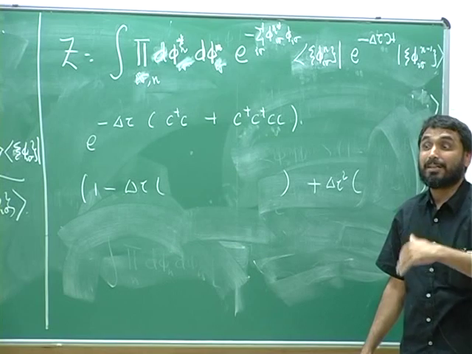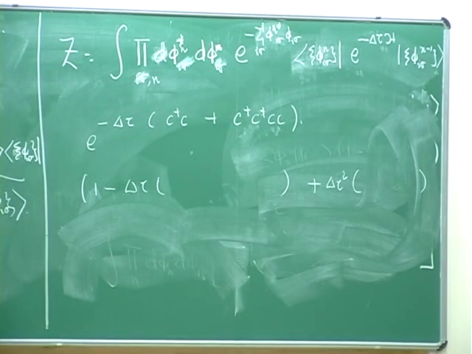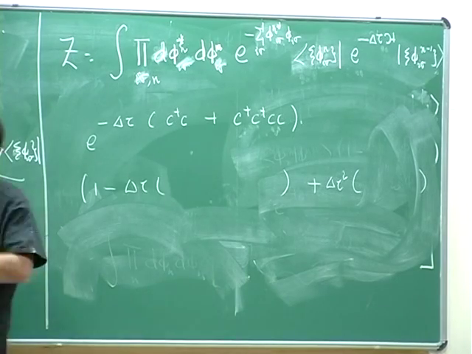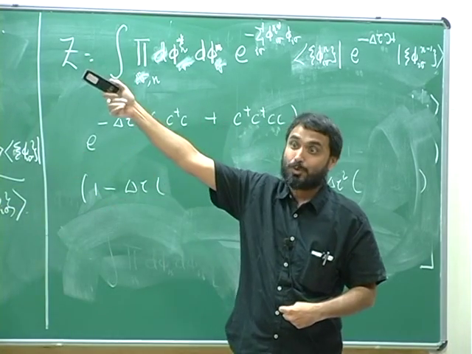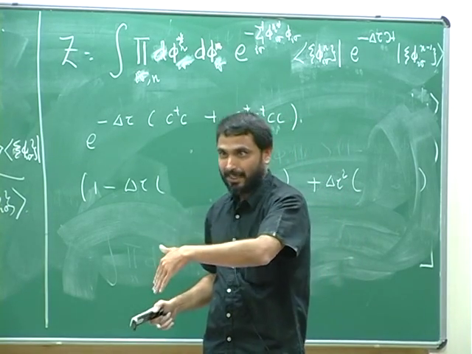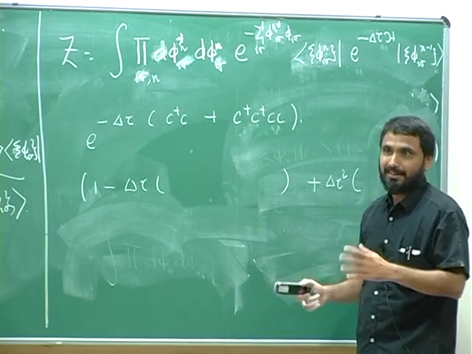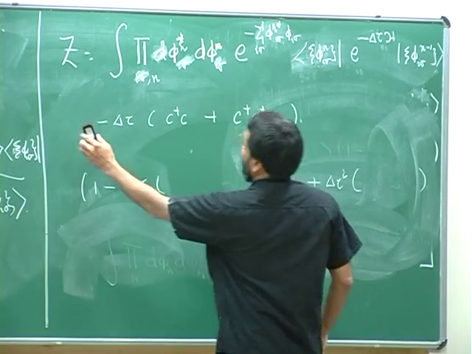I will make an error of order delta tau square, because I already start off with something normal ordered. The first thing in which I'll have to make a change will be at delta tau square. Okay, and precisely your question comes here as well, right? So I'm going to take the delta tau going to zero limit, so I don't mind. Okay, all right.